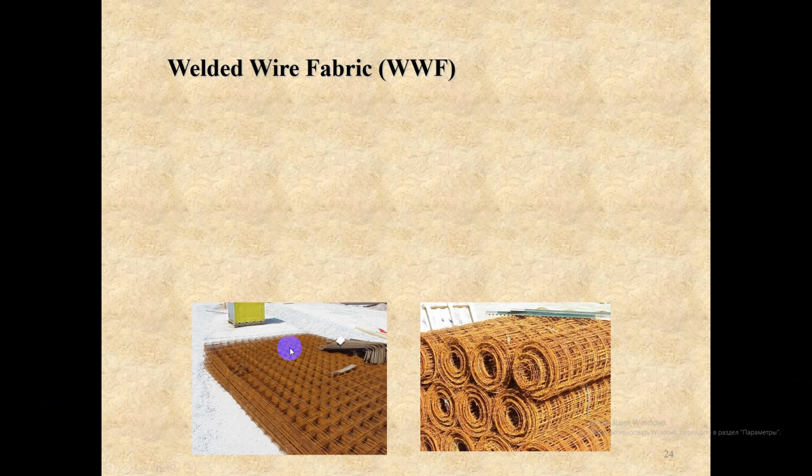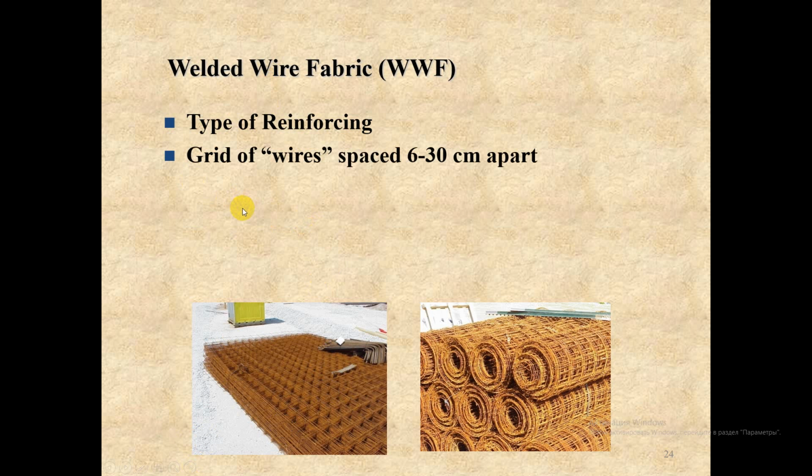And what is the welded wire fabric and what are the advantages of this welded wire fabric? This is a type of reinforcing grid of wires spaced from 6 to 30 centimeters apart.